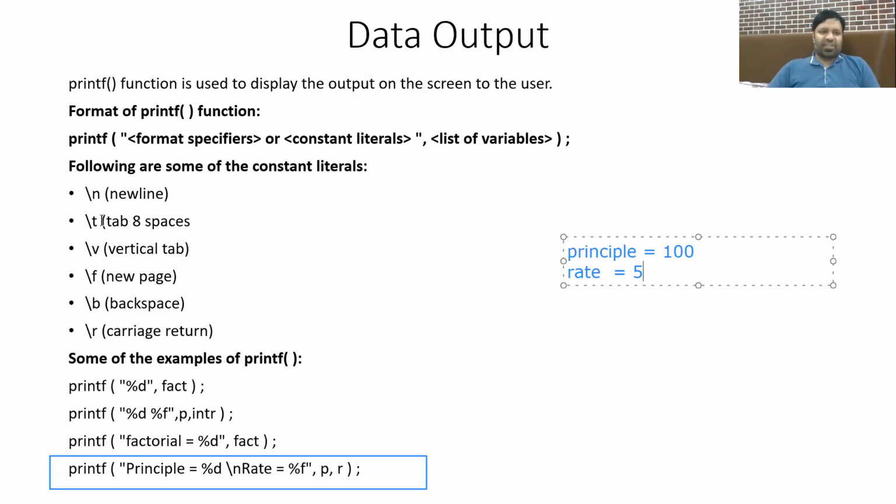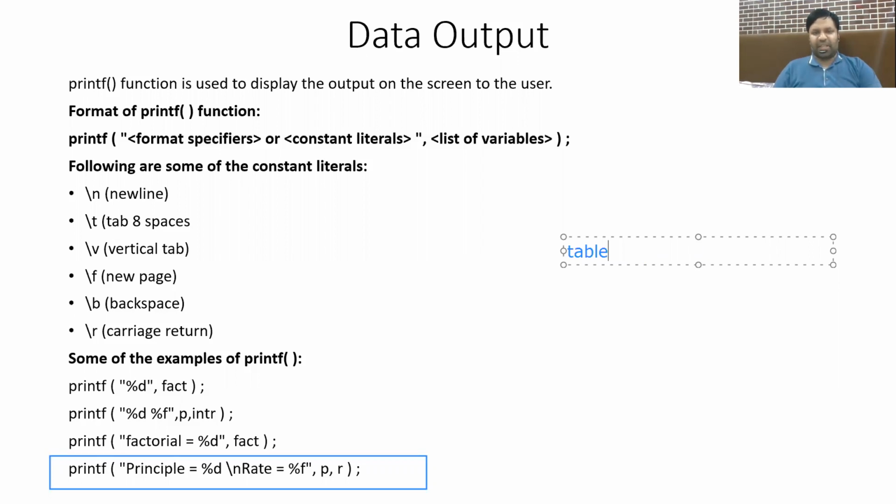Similarly, you have /t, which is known as tab. It will move the cursor 8 places or make a space of 8 characters. For example, if I type table/t, table already has 5 characters and /t is supposed to make space for 8 positions.